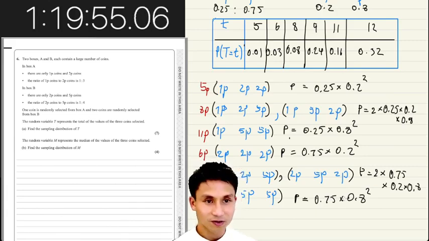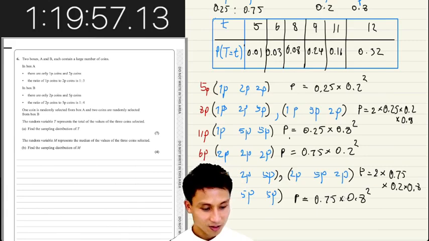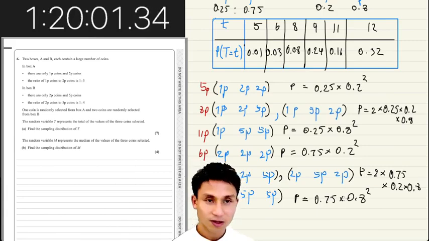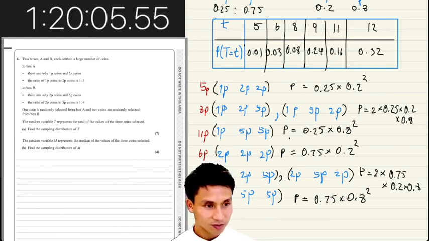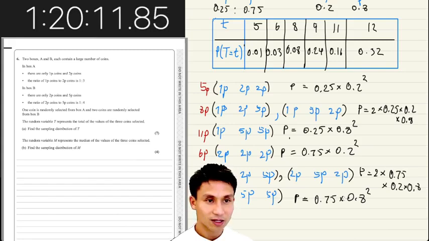Okay, that's the 5 pence done. The 6 pence, 0.75 times 0.2 squared. That's not wrong. The 8 pence, 2 times 0.25 times 0.2 times 0.8, 0.08. That's still okay.